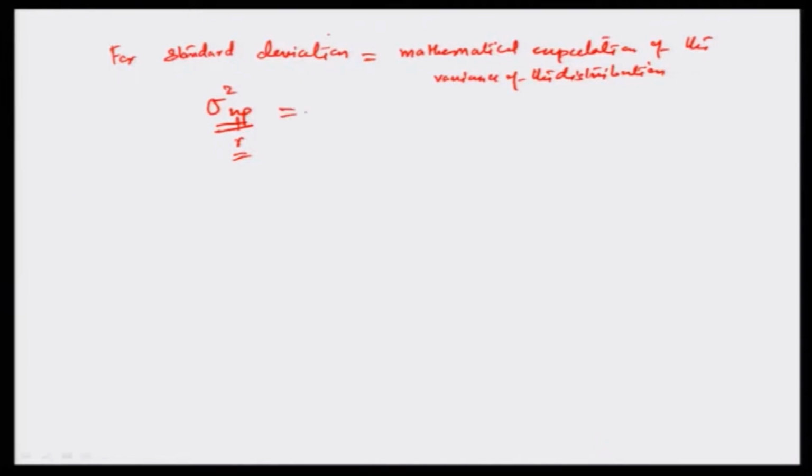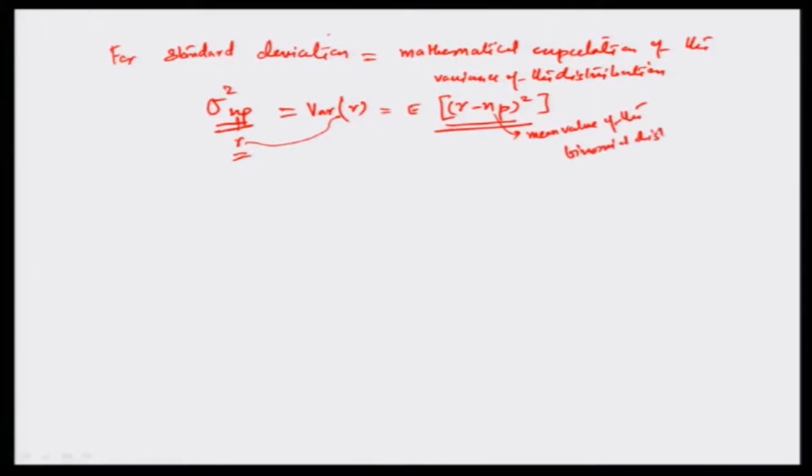So this can be written down as the variance of r, with np being the mean, equal to the expectation of (r minus np) squared. np being the mean value of the binomial distribution as you had just calculated in the last step, and r is the rejectables.